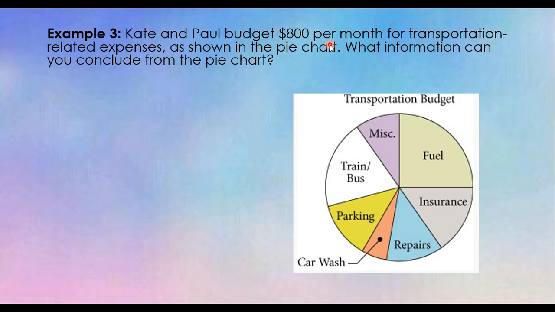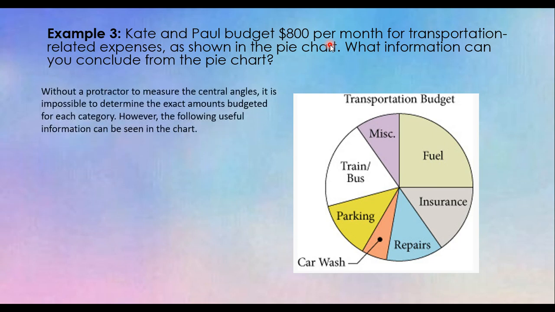Okay, so there's a few things, right? Right off the bat, I can't tell exactly how much is budgeted because it doesn't tell me the percentages here, so I can't figure out that a certain 25% times 800 means they're spending a certain amount.